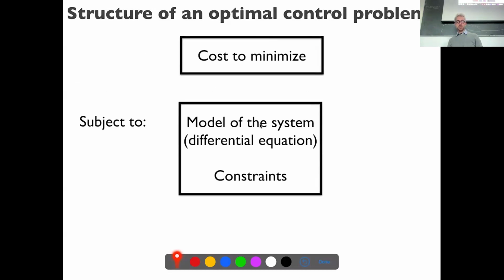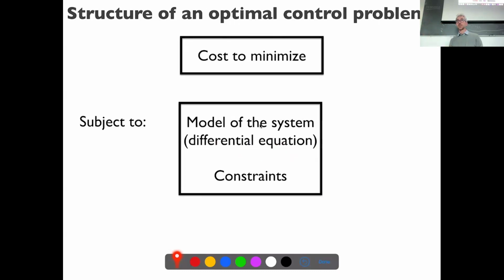So the way an optimal control problem is written down is very similar to how you write down an optimization problem. You have a cost function to minimize, and then you have a set of constraints. The first one is typically the model of the system, so the differential equations that describe how the system evolves in time.